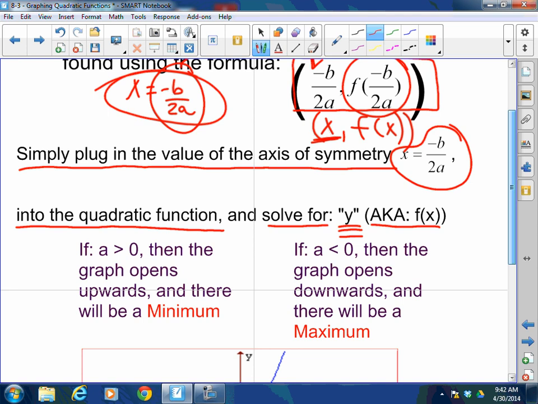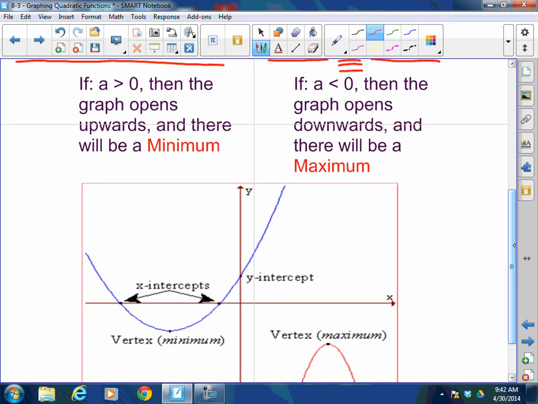Okay? Now, we already talked about the fact that the a determines if the graph will open upwards or downwards. I want to review with you that if a is greater than 0, you're going to have a minimum. Your vertex will be a minimum.